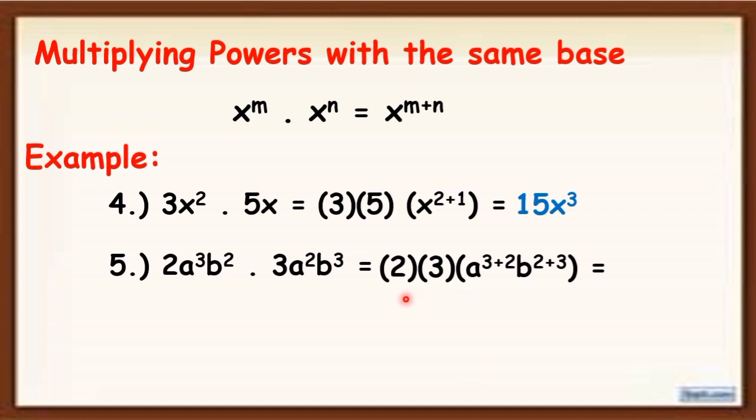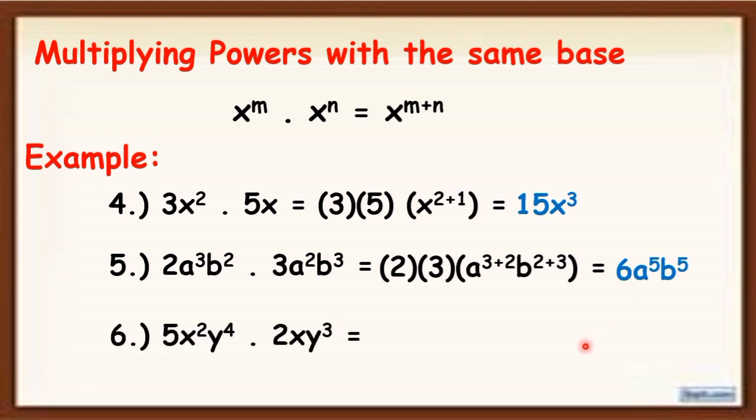Then, simplify. 2 times 3 is equal to 6. Then, copy a. 3 plus 2 is equal to 5. So, that will be the exponent of a. Next is copy b, then add the exponent, which is 2 plus 3 is equal to 5. Therefore, the final answer is 6a raised to 5, b raised to 5.